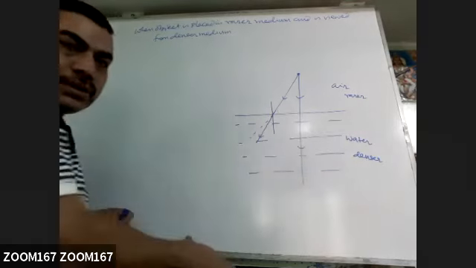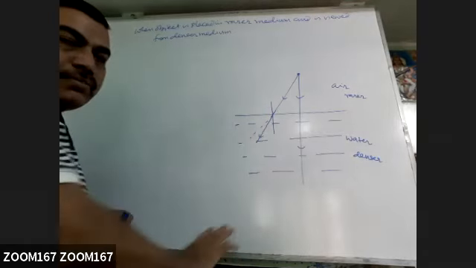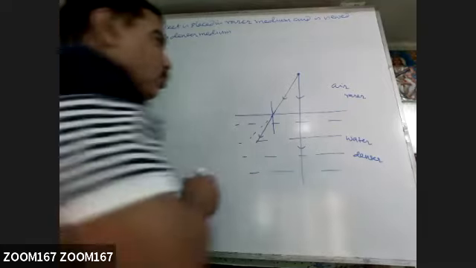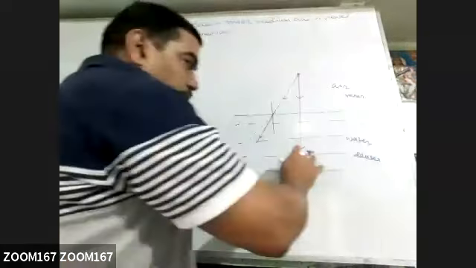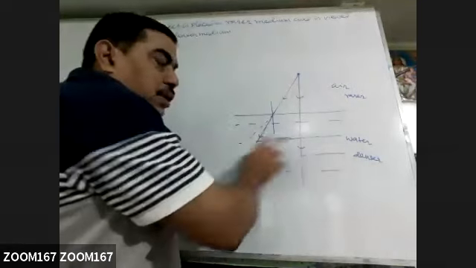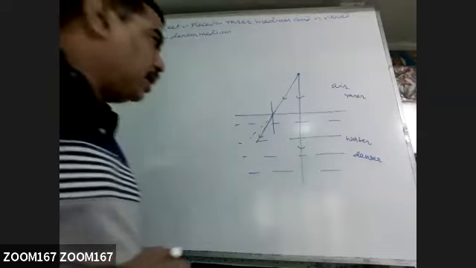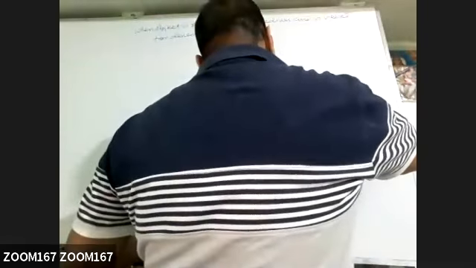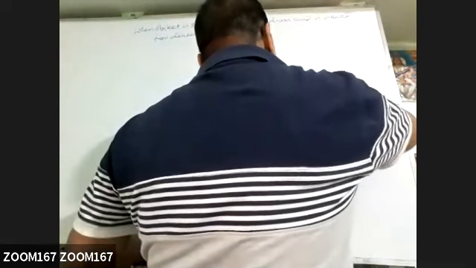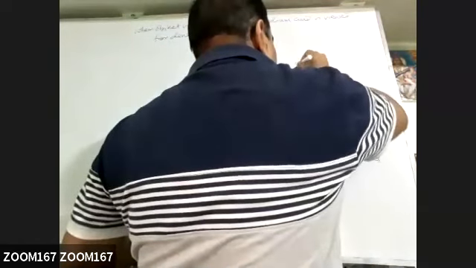It is still diverging, so no image will be formed on this side. When these two rays enter into our eye, or this eye, the image will be somewhere here.